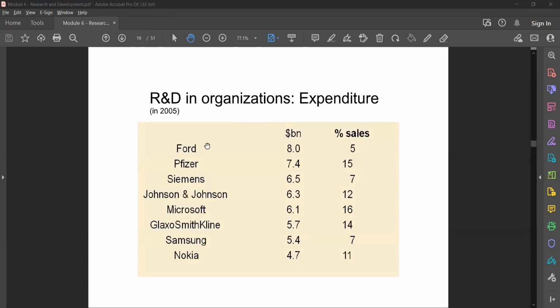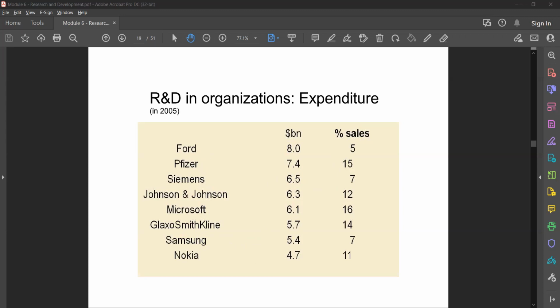So here are the organizations in terms of expenditures. We have Ford, Pfizer. So how much is their profit? 5% of sales, 15% of sales, Siemens, Johnson & Johnson, Microsoft, and so on.